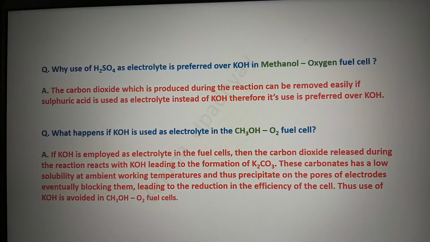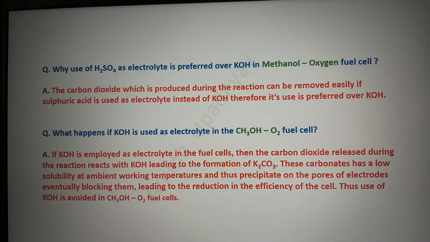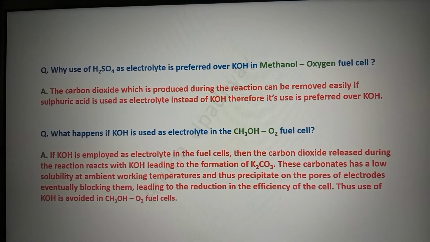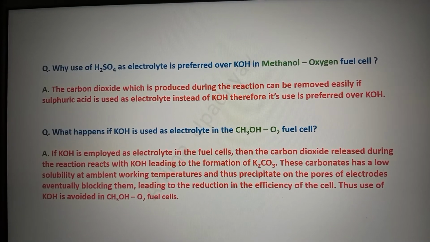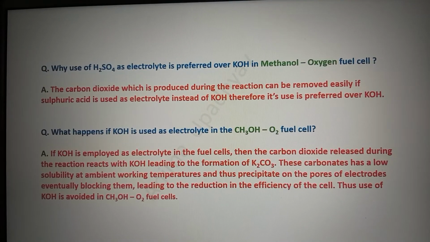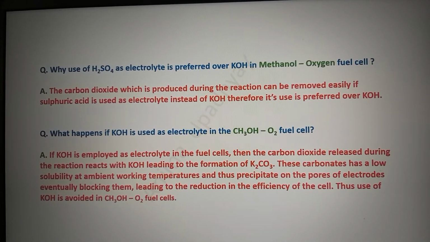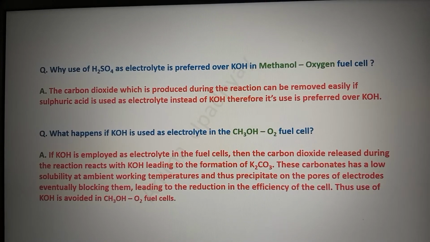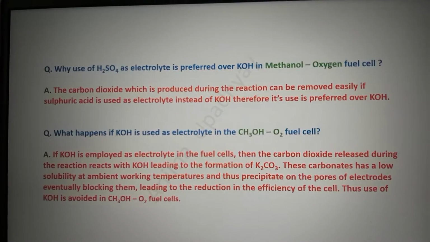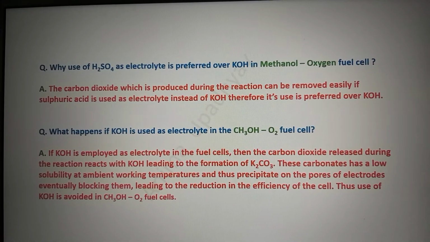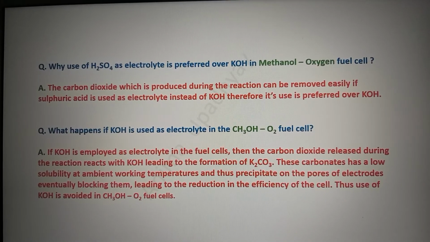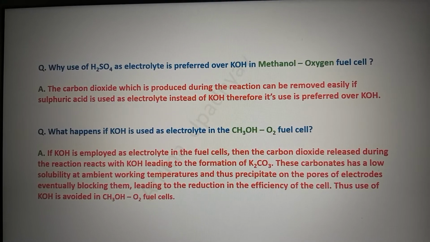What will happen if we use potassium hydroxide as the electrolyte and not sulfuric acid? If we use potassium hydroxide in place of sulfuric acid, then the carbon dioxide which is released during the reaction will react with the potassium hydroxide, leading to the formation of potassium carbonate, K2CO3.